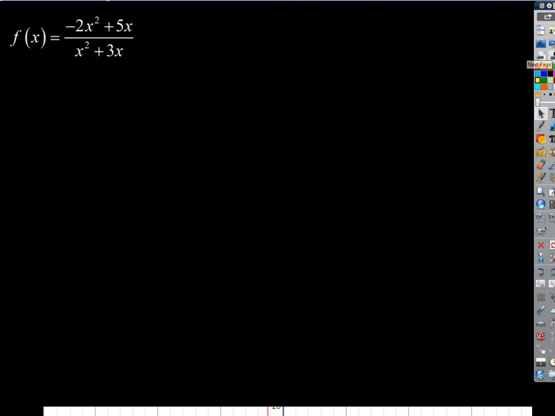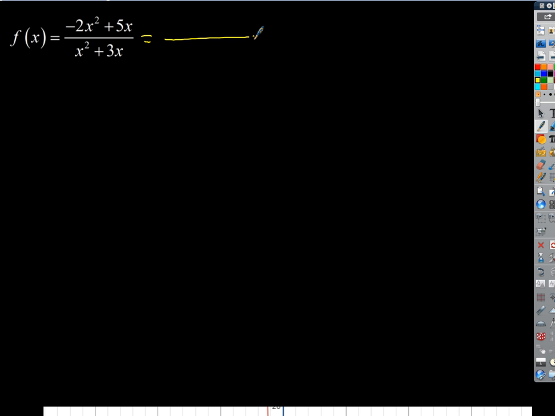Okay, so what about something like that then? Let's try this one on for a second. What are we going to do here? Okay, factor it. Always start by factoring. So what's the top become if I factor it? Can I factor anything out of the top? I can.